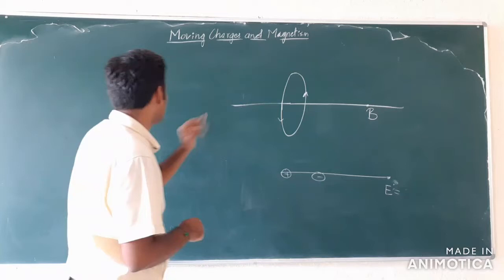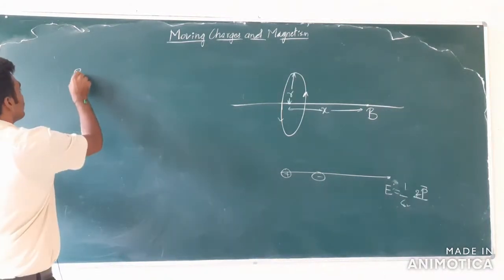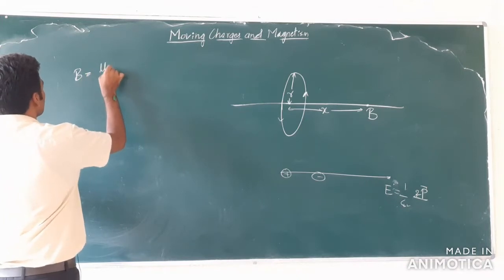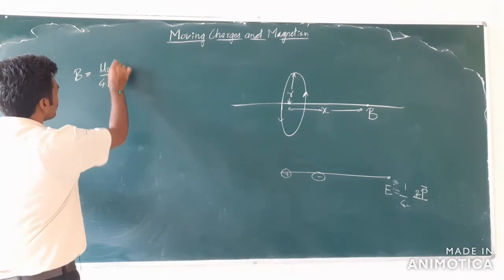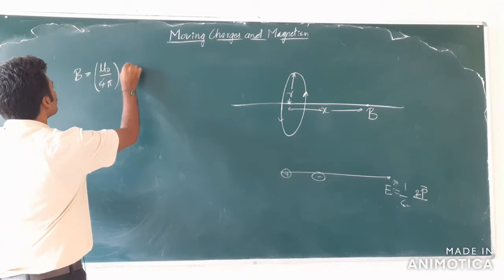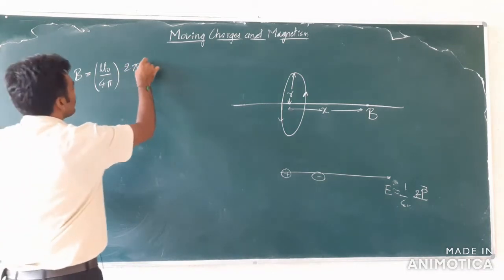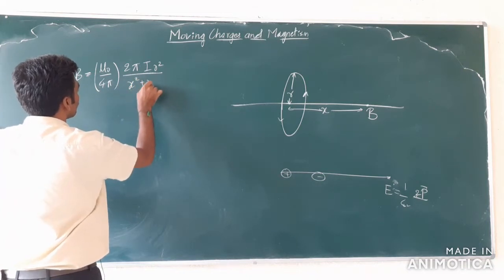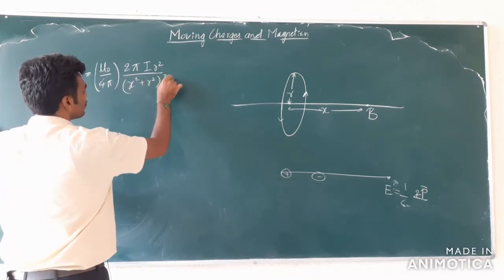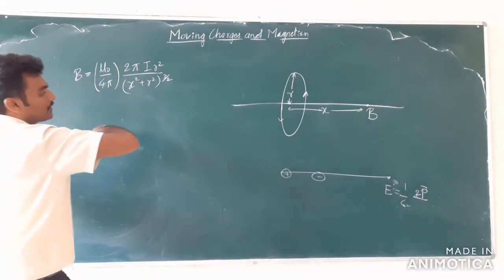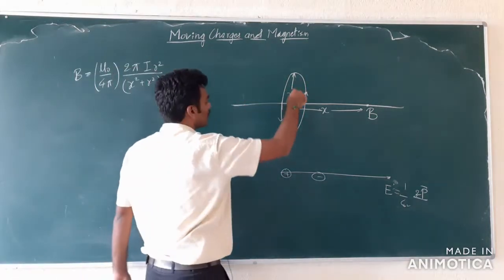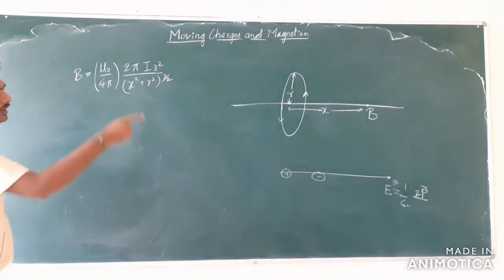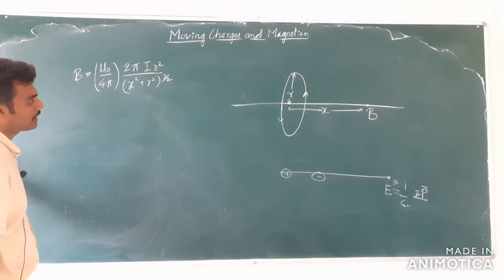First, let me write the expression that we have already derived, which is given by B is equal to mu naught by 4 pi into 2 pi I r squared divided by x squared plus r squared to the power of 3 by 2, where r is the radius of the coil and x is the distance between the center of the coil and the point where we need the magnetic field.